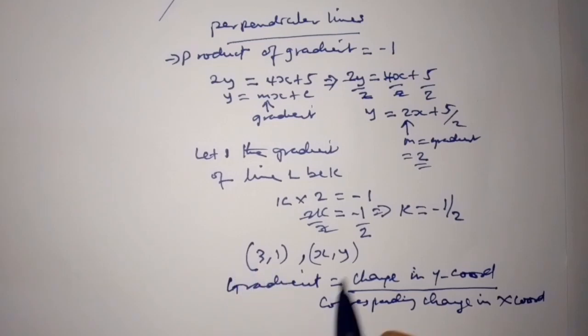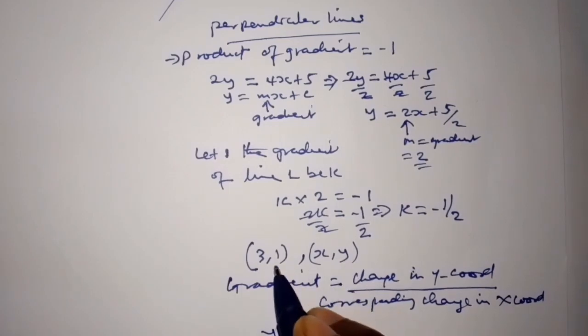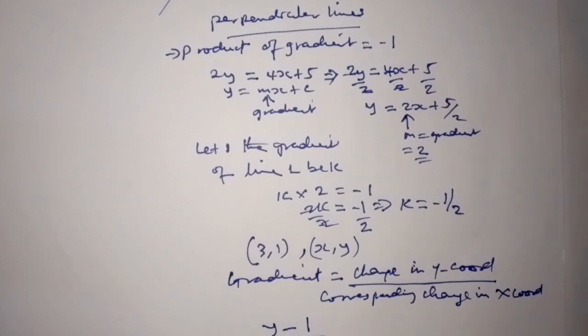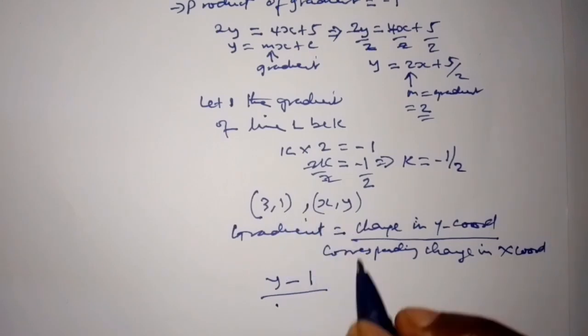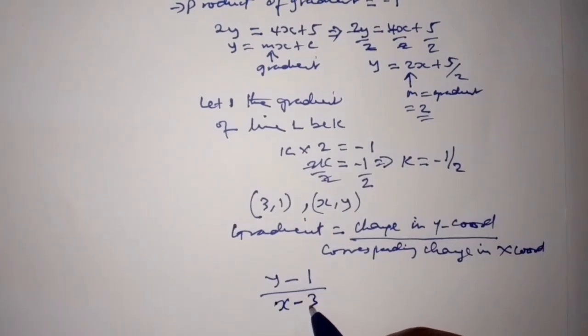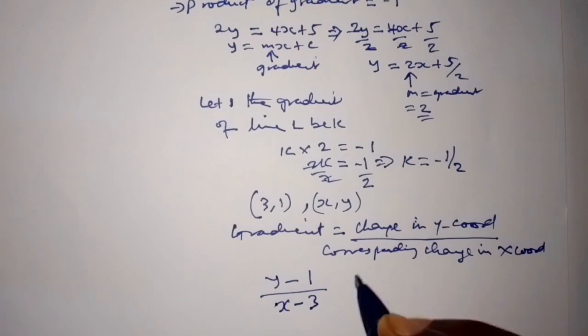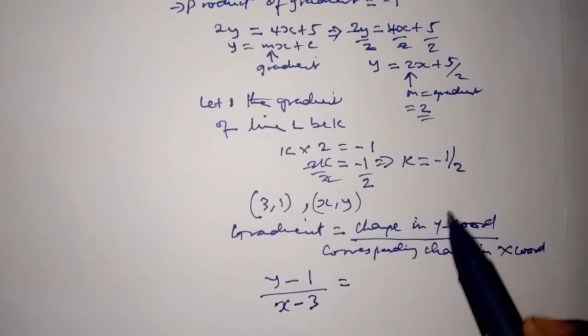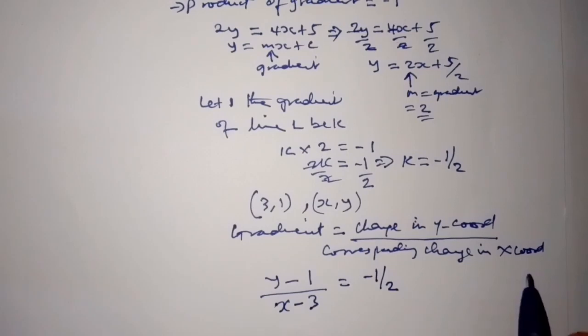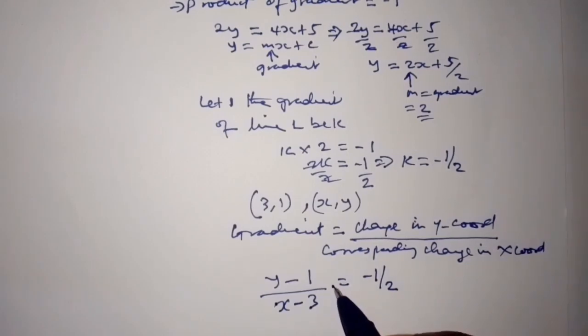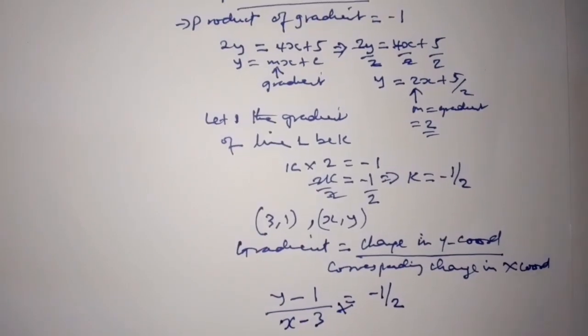So we can say that the gradient from point (3, 1) to (x, y) is (y - 1) over (x - 3). (y - 1)/(x - 3) is supposed to give us the gradient of -1/2.